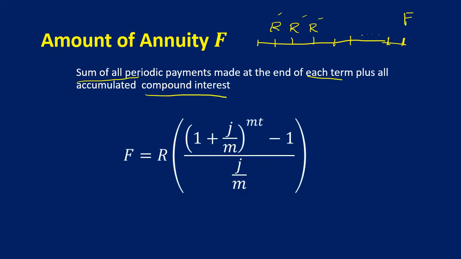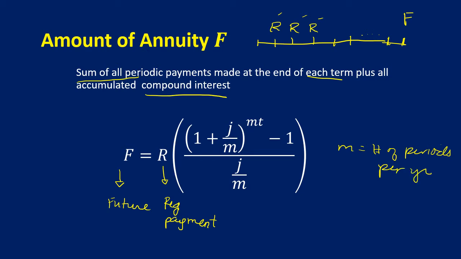So the formula is given by that, wherein of course F is the future value, R is your regular payment, and then you still have your J, that's the rate, and M is still the number of periods per year, and T is still time in years.